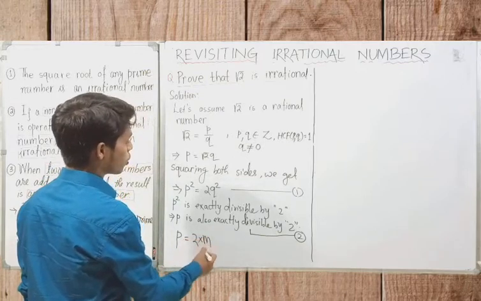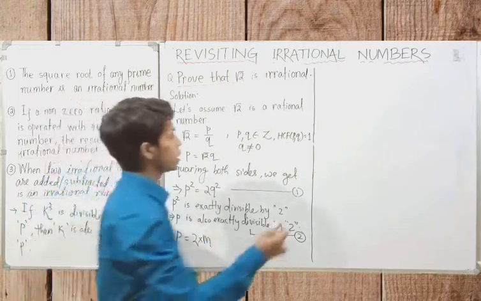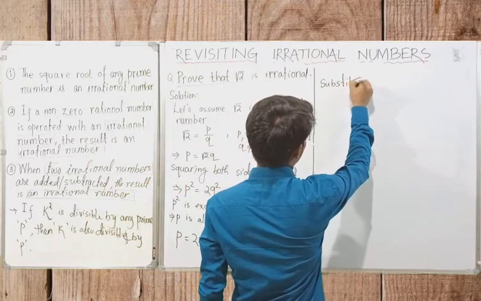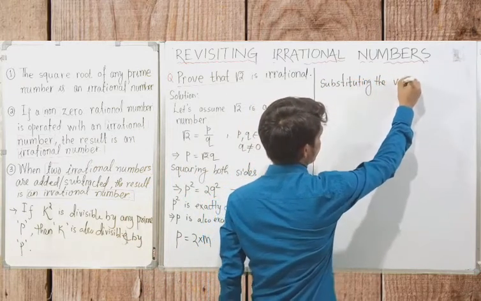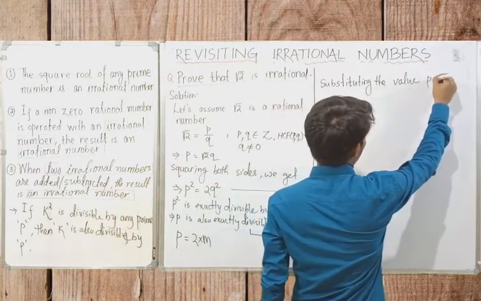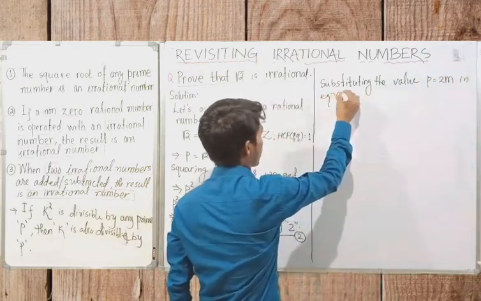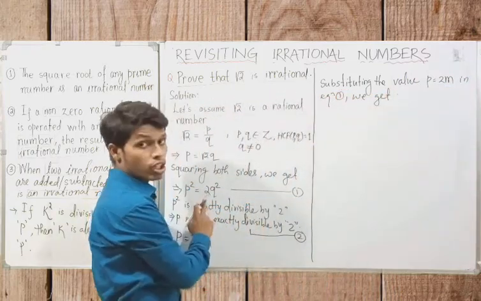So if p equal to 2m, let's put this value in equation 1. So let's write, substituting the value p equal to 2m in equation 1, we get, what is equation 1? Equation 1 is p square equal to 2 q square.